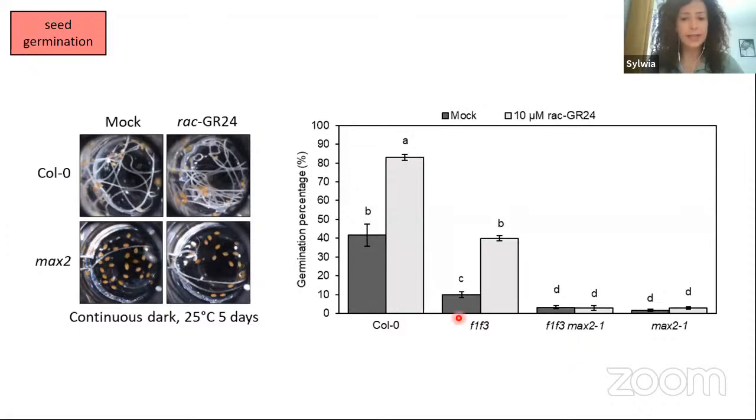We also noticed that the double mutant F1, F3 had significantly lower germination in mock conditions, but was still induced by addition of GR24. So it seems that F1, F3, or the phosphatase, can also be important for seed germination.